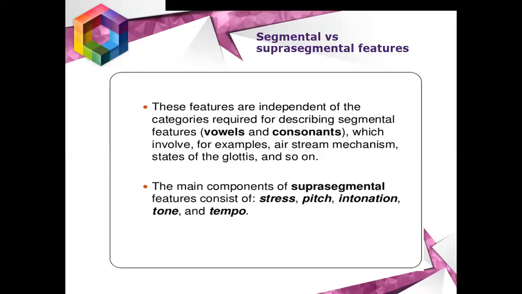Also, you have to not only have in mind the features of, for example, place of articulation and manner of articulation, but here you have to have in mind the stress of the words, the stress of the sentence, the intonation that you have to manage in a sentence.